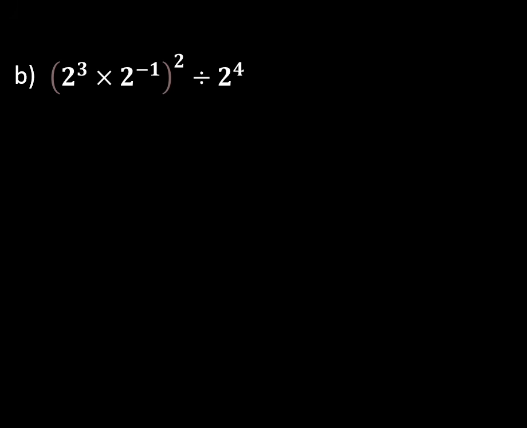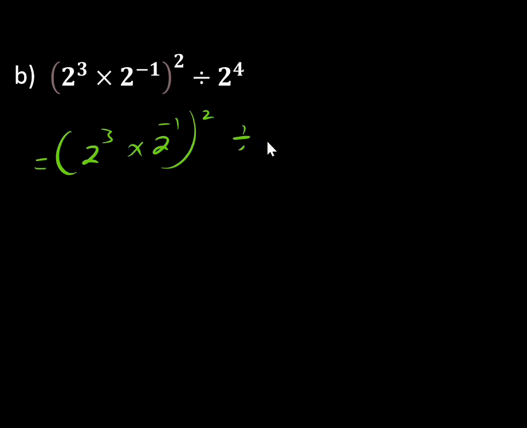Part B, feel free to pause the video and try. Here we have 2 power 3 times 2 raised to negative 1, all squared, divided by 2 power 4. I'm going to start with what is inside the bracket. So we're going to apply the law of multiplication. So 2 power 3 times 2 raised to negative 1.